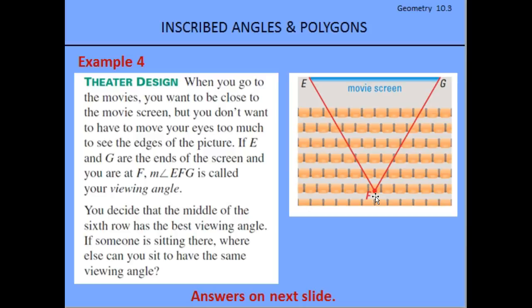But if someone is sitting there, where else can you sit to have the same viewing angle? Don't forget, we're talking about circles here. Give it a try, and think about intercepted arcs and everything that we have learned about those. So pause now, and we'll get to the answer in a moment.